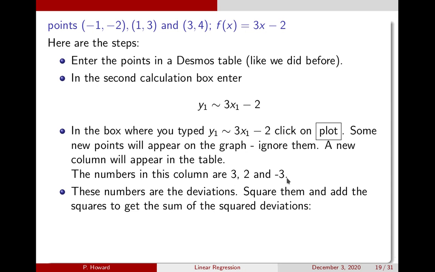So we take these three numbers, the deviations, we square them, and we add the squares. That would be 3 squared plus 2 squared plus a negative 3 squared. Looks like a 9 plus 4 plus 9, looks like a 22. The sum of the squared deviations for the linear function f of x equals 3x minus 2 is 22. Not a good fit for the data.